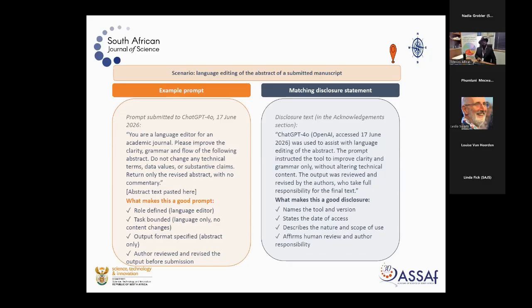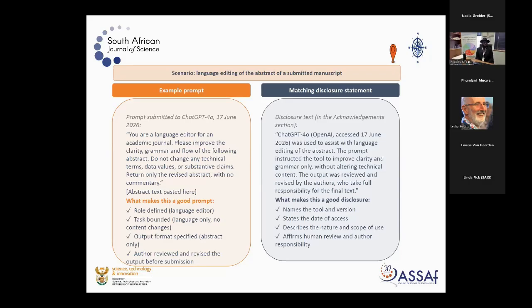And then here is an example of how to do the disclosure text, maybe in your acknowledgement. You say: ChatGPT 4.0, OpenAI, accessed 17 June 2026, was used to assist with language editing of the abstract. The prompt instructed the tool to improve the clarity and the grammar only, without altering technical content.